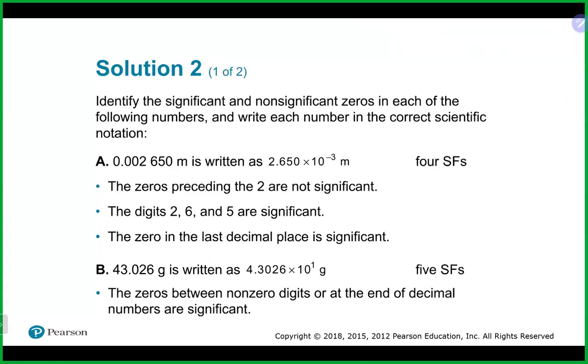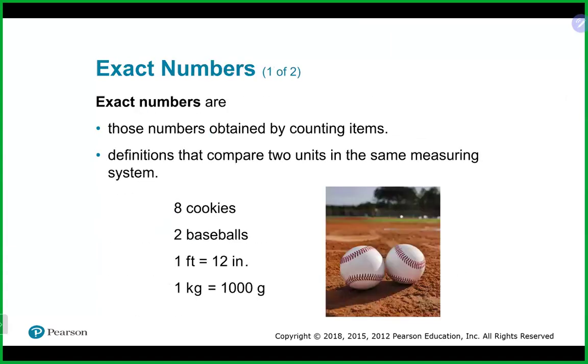All right. So we talked a little bit about this earlier, but let's talk about it again here. Exact numbers. Exact numbers are numbers obtained in one of two ways, either by counting or by a definition, like 1 foot is 12 inches or 1 kilogram is 1,000 grams.